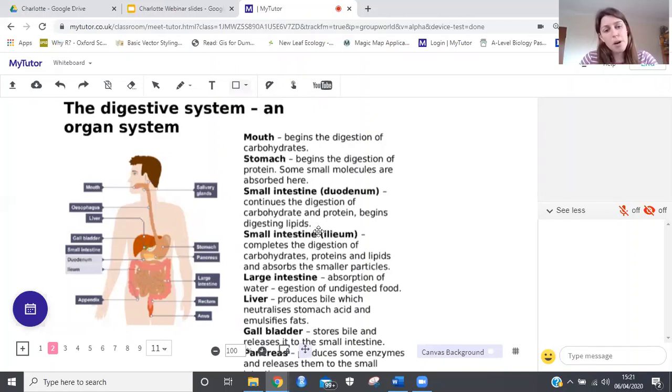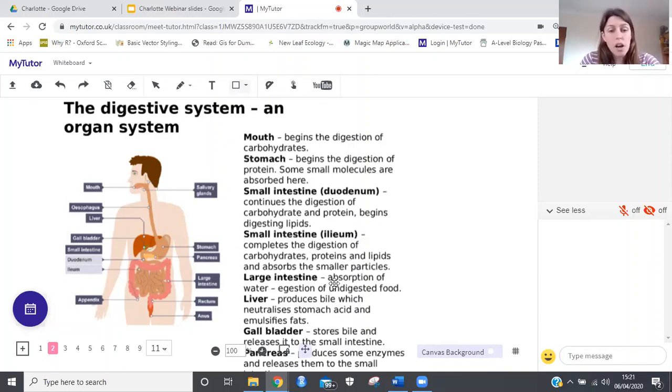And then food passes to the second part of the small intestine, the ileum. This completes the digestion of carbohydrates, proteins, and lipids, and a lot of those smaller particles that have come from the larger particles that have been broken down are absorbed there into the blood. Then from the blood, they're transported around the body and into cells.